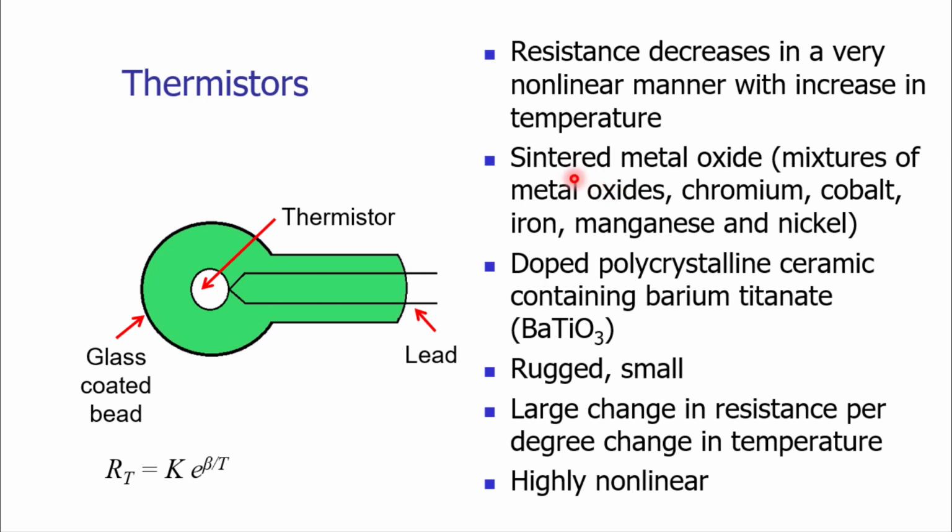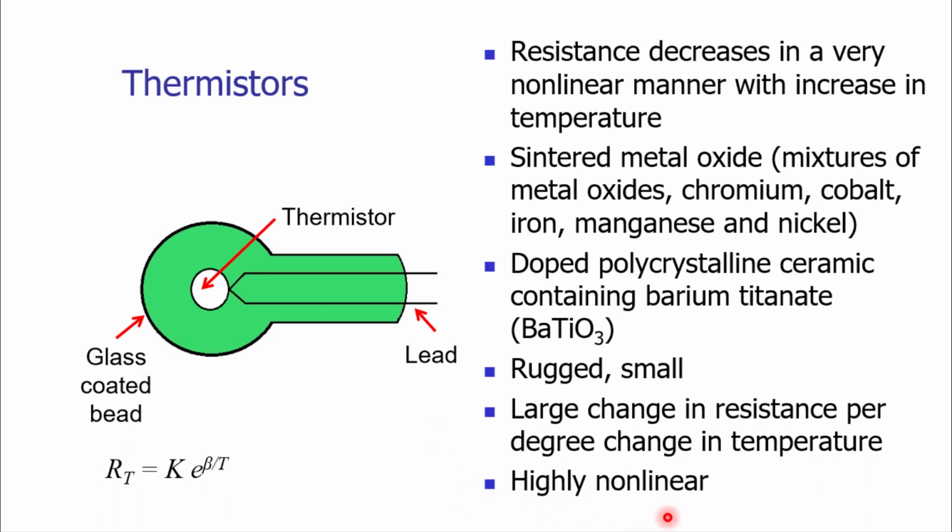Some materials such as sintered metal oxide, which is a mixture of the metal oxides of chromium, cobalt, iron, manganese and nickel, are semiconductors, and they exhibit the property that when the temperature is increasing there is a reduction in the resistance. These oxides can be converted into small beads or discs, and they can be utilized for the measurement of temperature.